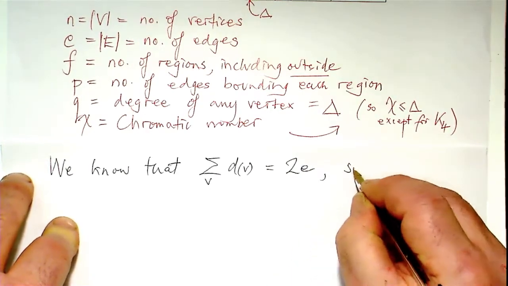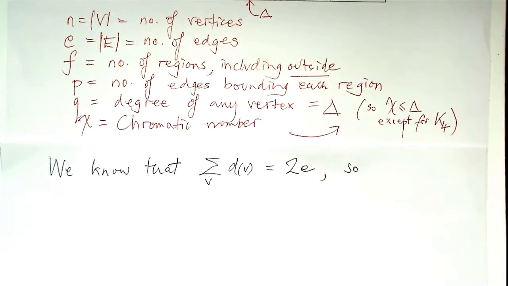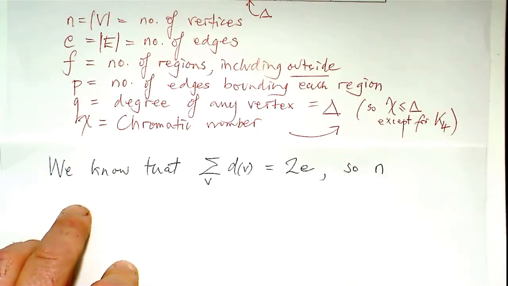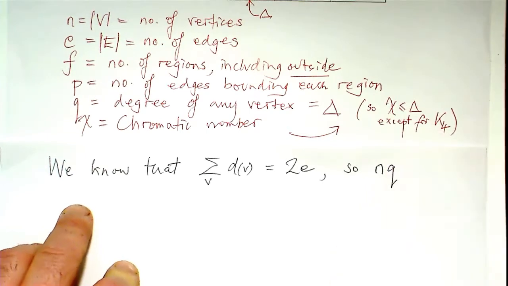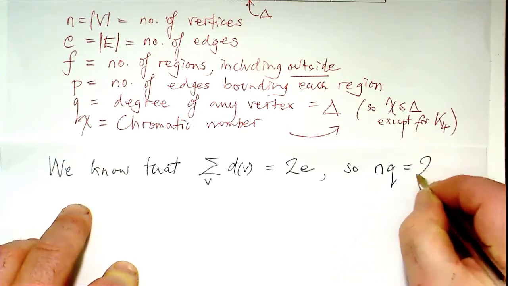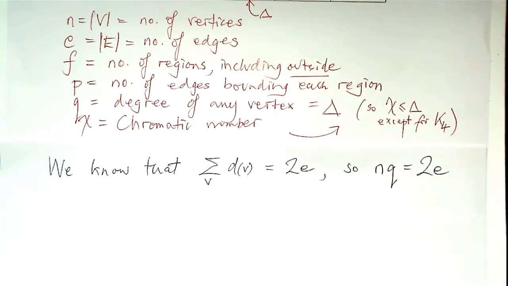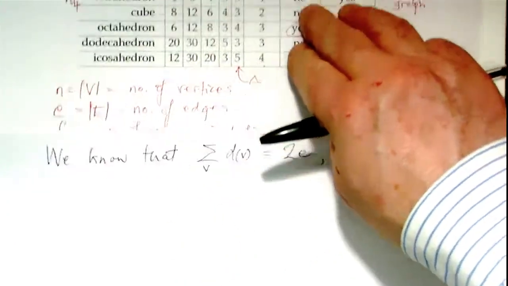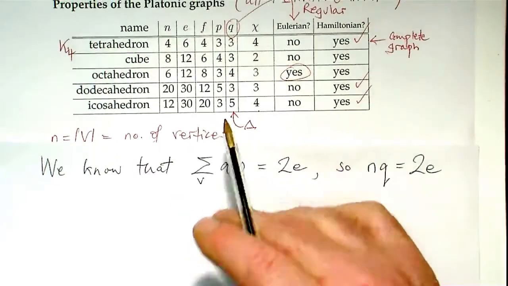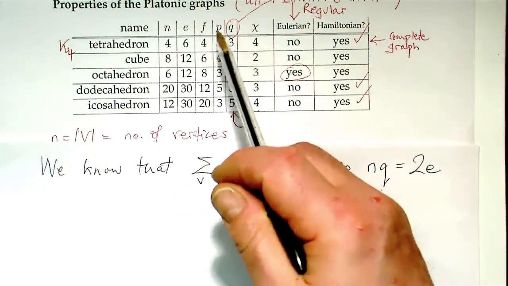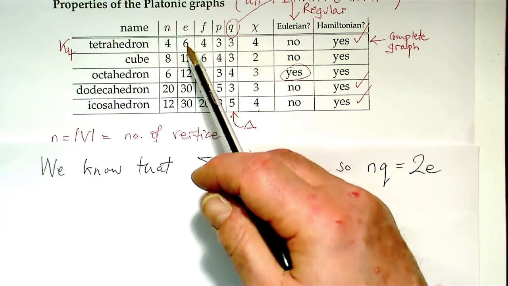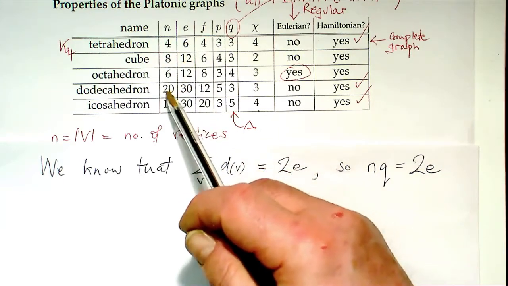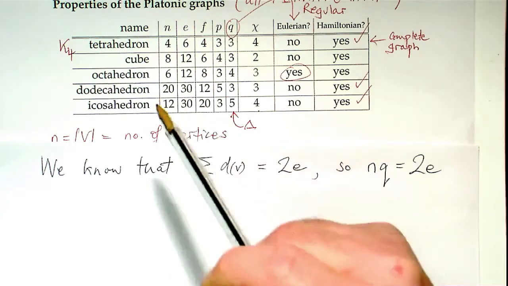So in our situation, the vertex degrees are all equal, and if there are n vertices, we get n times the vertex degree, which here I'm calling q, and so that has to equal 2e. So nq should be 2e. Okay, we can check that. N times q: 3 4s are 12, 3 8s are 24, 4 6s are 24, 3 20s are 60, and so on. So that works.